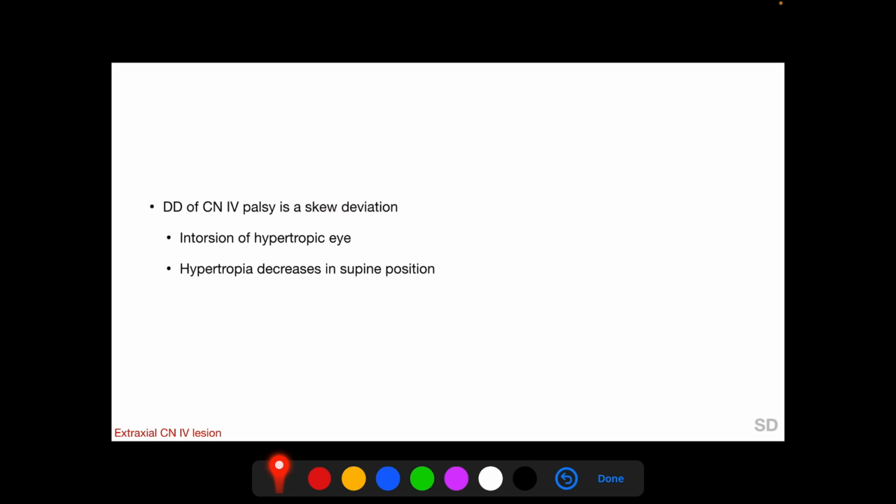In a skew deviation, unlike in a fourth cranial nerve palsy, there is intorsion of the hypertropic eye. In a fourth cranial nerve palsy, the hypertropic eye is extorted. And in a skew deviation, this hypertropia decreases in supine position, but in a fourth cranial nerve palsy, the hypertropia which we detect does not decrease in supine position.